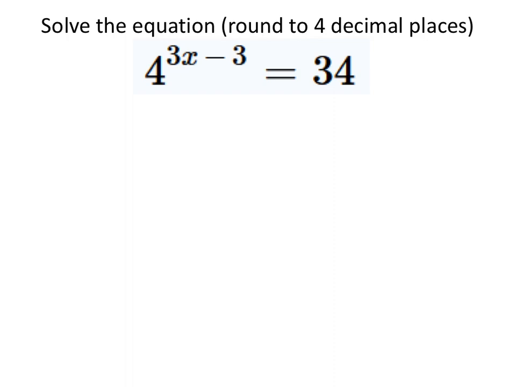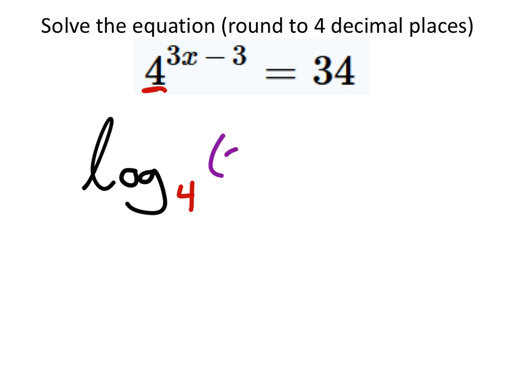So what we're actually going to end up doing is using logarithms, like we talked about in the first place. So let's change this to a logarithm. This is going to be a log, and the base is the 4 here. So it's a base 4, and the answer for this is 34.